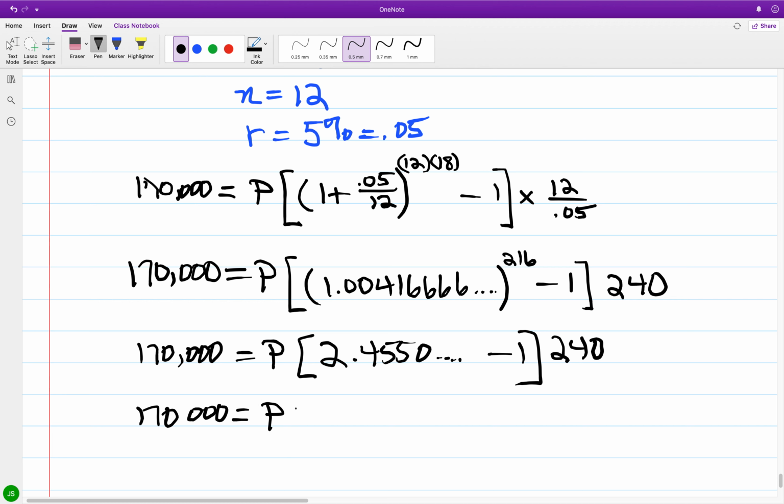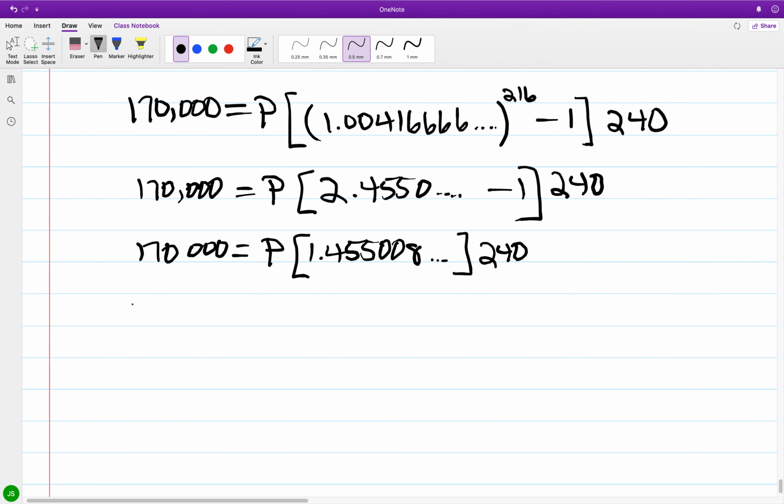So you have P times 1.455008, and you're going to multiply by 240, and just putting the full decimal display, taking this difference and multiplying by 240.